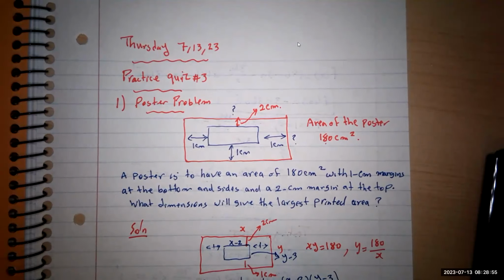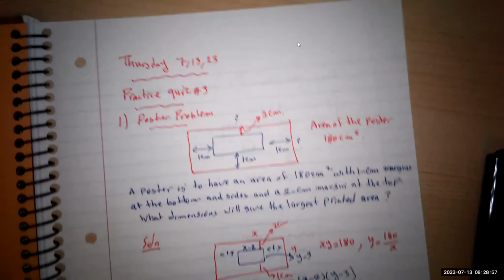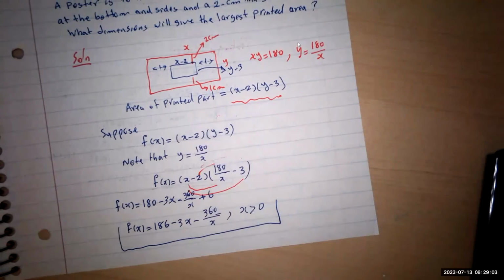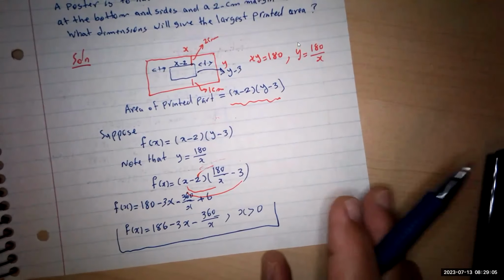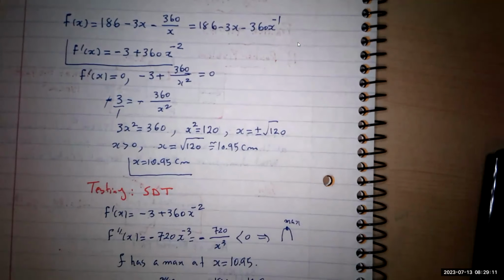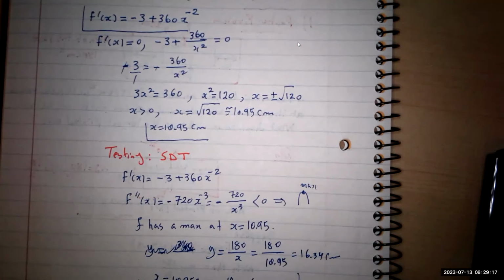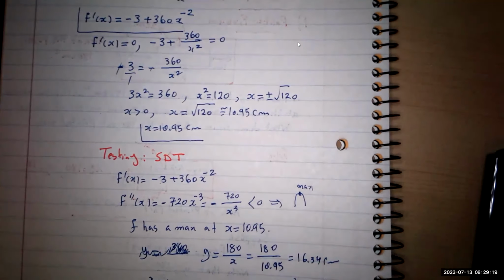If you do it from this part, when you want to find the area of the poster, you have to take the margin out. If you do it the other way around, you are going to add the margins, as we did over there. So that is going to be choice one, the poster problem. You have 3 in your assignments. You can pick one of them just to practice. Any question? So this is one possibility.